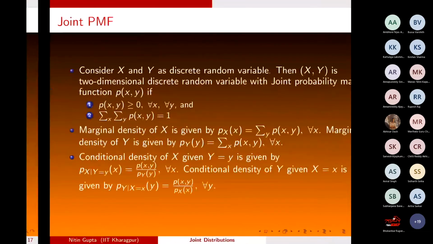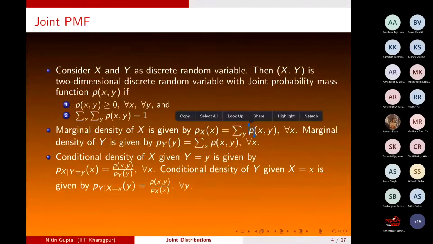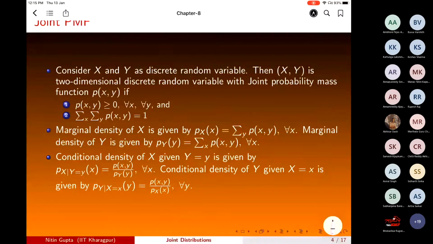So corresponding to x and y, let us say x and y are discrete random variables. (X, Y) is a two-dimensional discrete random variable having joint probability mass function p(x, y). Then p(x, y) is greater than or equal to 0 for all x, y, and the summation of p(x, y) should be 1.